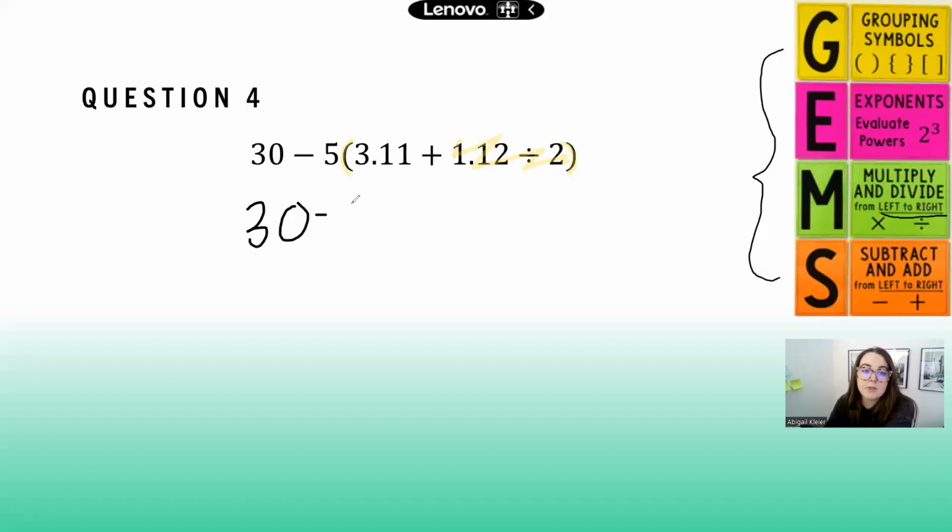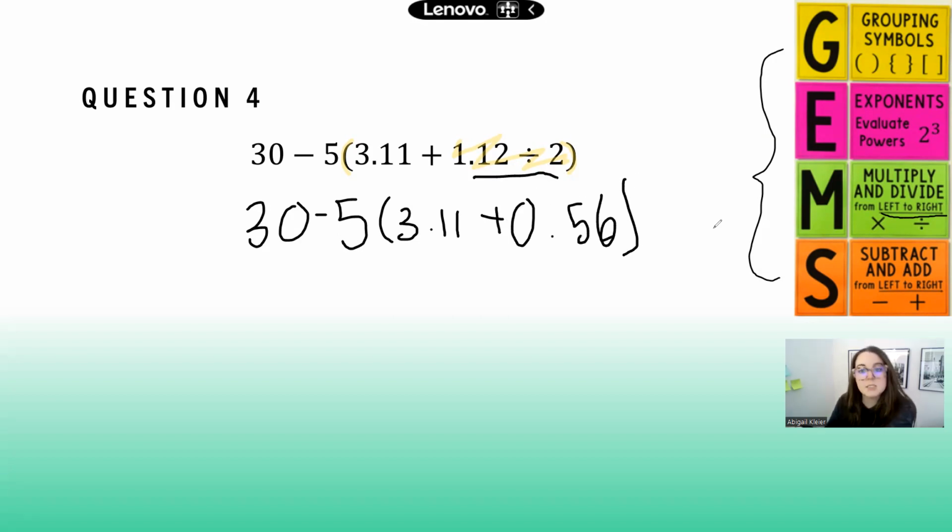I'm going to rewrite everything else just so it's all here. 1.12 divided by 2 is 0.56. So now I've simplified this portion, and I can move on to the next part of my expression here.